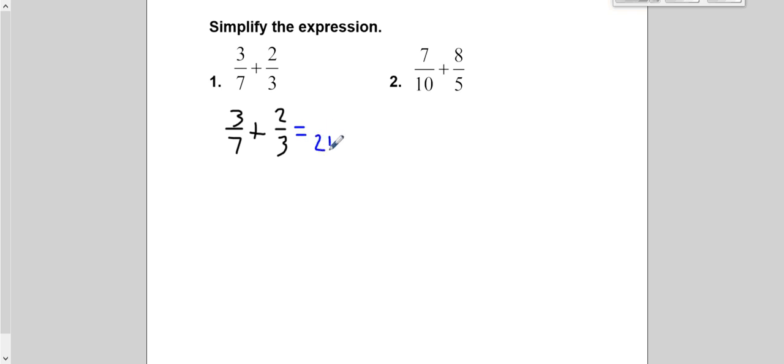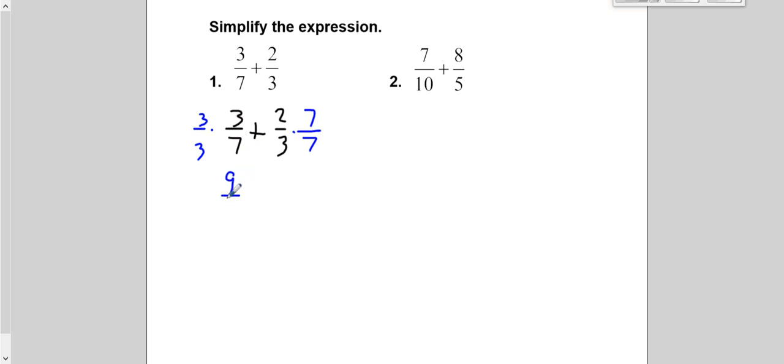So to add these together so that they have a common denominator, we would first want to multiply this first fraction by 3 over 3 and multiply the second fraction by 7 over 7. So multiplying by 3 will create the 21, but we're only allowed to multiply by some form of the number 1. Because 3 divided by 3 is 1. So we're not changing the value, we're just changing the appearance.